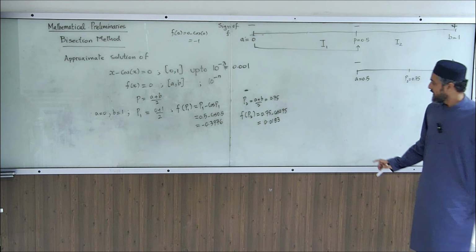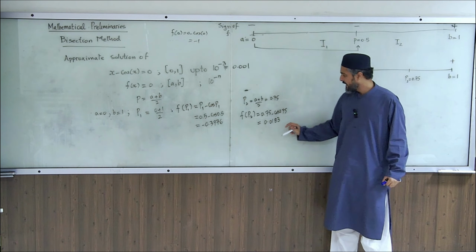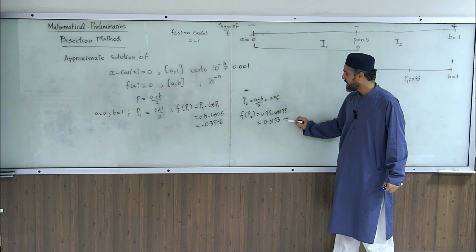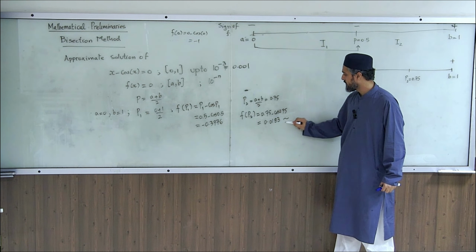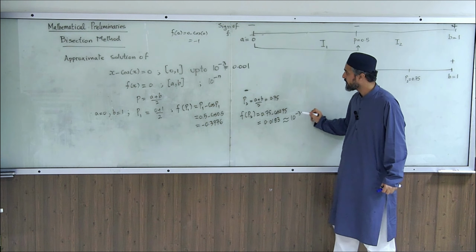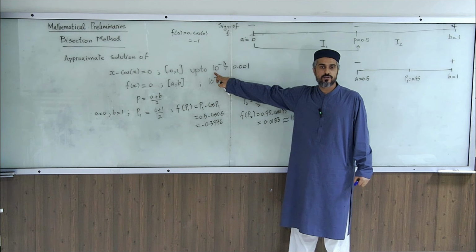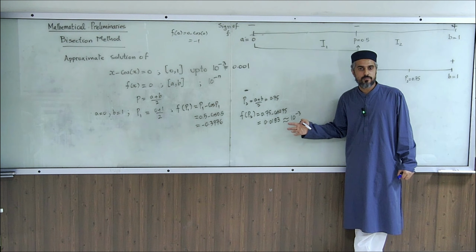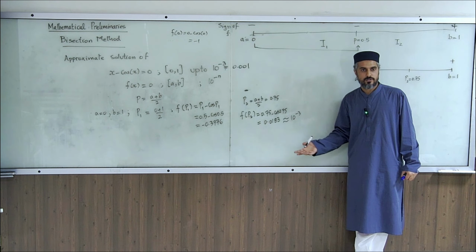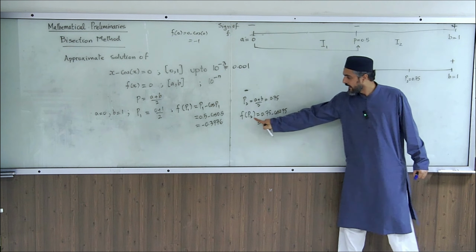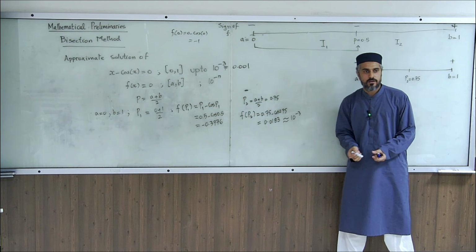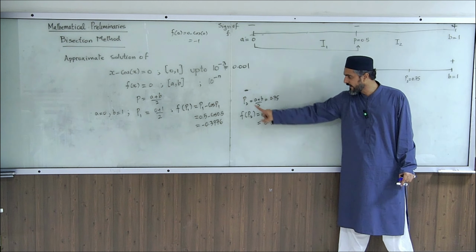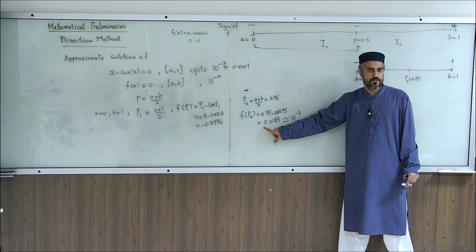Is this value near 10 raised to the power minus 3, because this much accuracy I wanted? It is not. So I need to keep finding a solution. If I need to go on finding a solution, I need to check what is the sign of the function at P2.